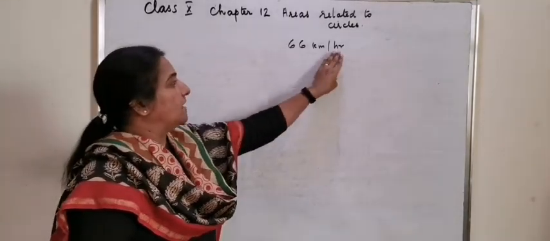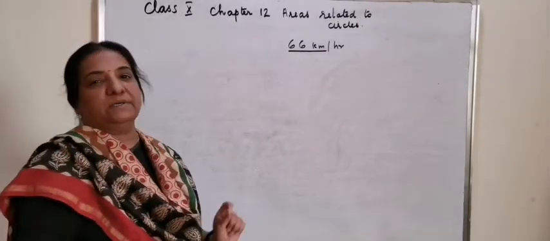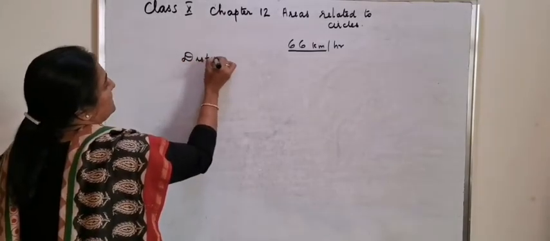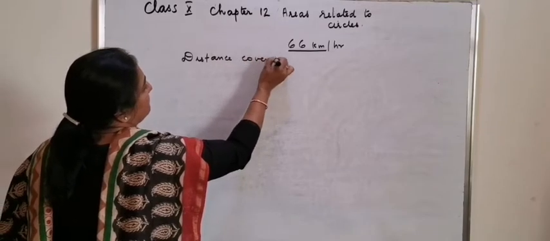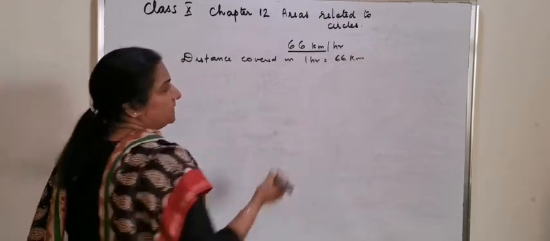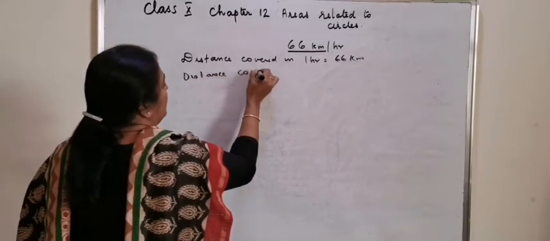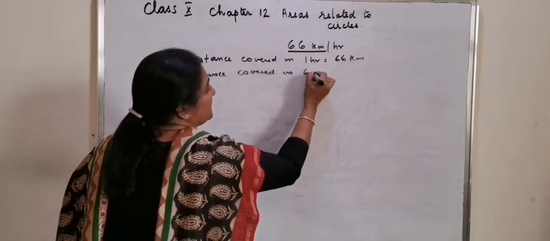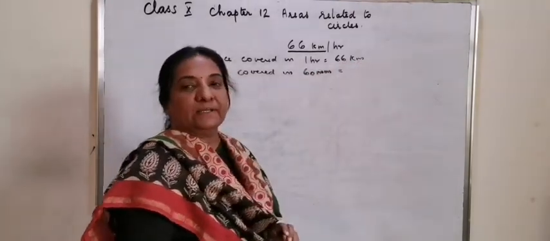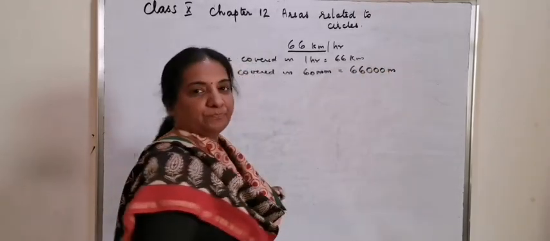Speed is 66 km per hour means the distance covered in 1 hour is equal to 66 km. If you just write it as distance covered in 1 hour, which is the same as 60 minutes, is the same as 66 kilometer, we will convert into meter, that is 66,000 meter.